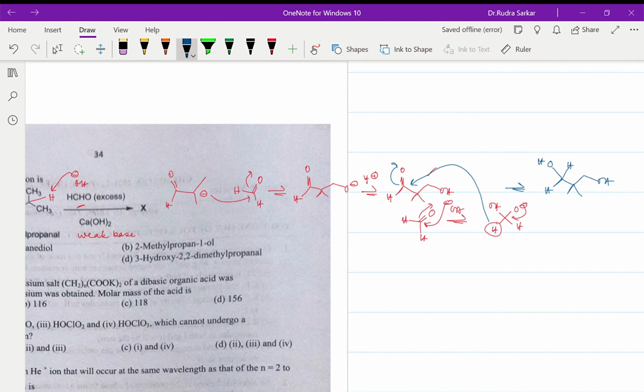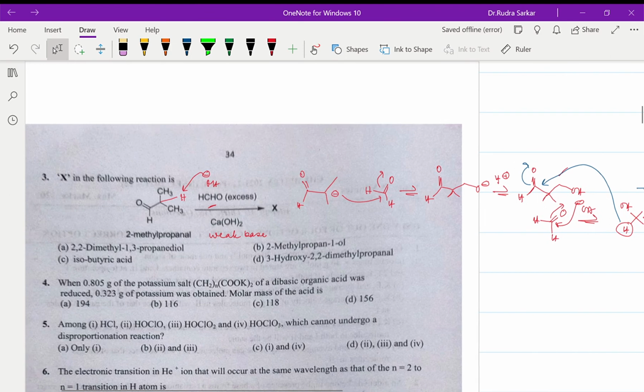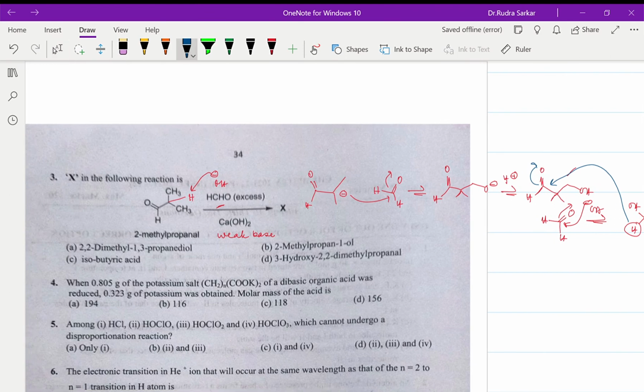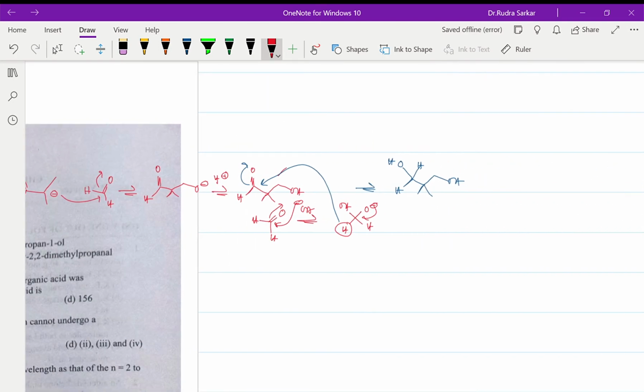So this is basically your, I would say, 2,2-dimethyl 1,3-propanediol, and that would be our correct answer over here. Along with that, another side product will be formed, which is obviously the formate ion. Okay.